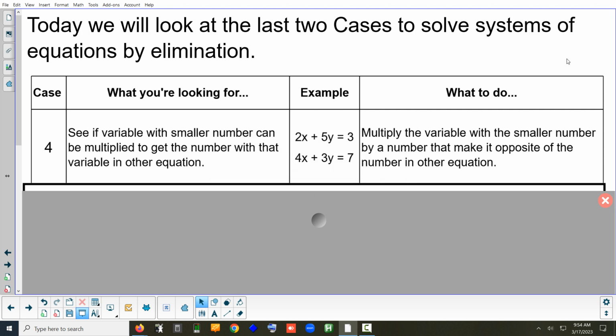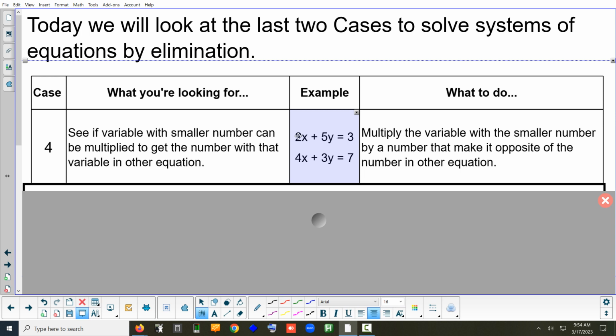All right, so it seems a little confusing. It's not as confusing to just do it as it is to try to explain it. So there's nothing we can multiply 3 by to get 5, but there is something we can multiply 2 by to get 4. So that's the one we're going to want to look at. What could you multiply 2x by to make it the opposite of 4x?